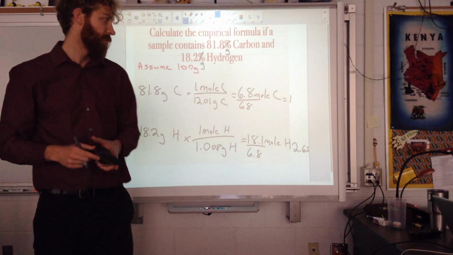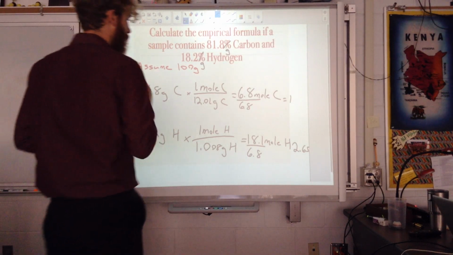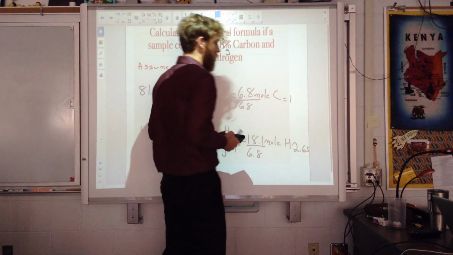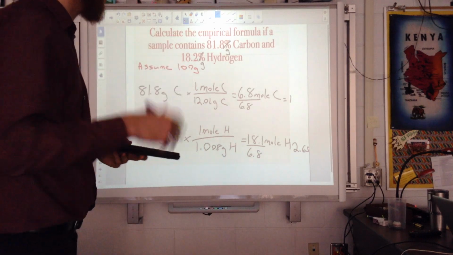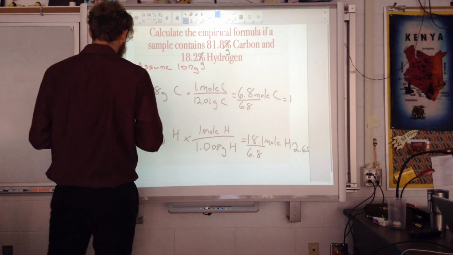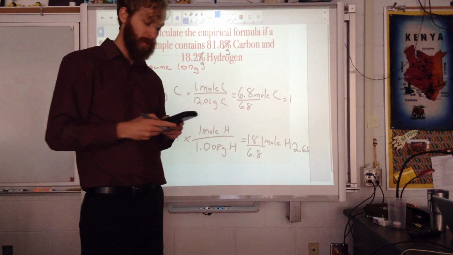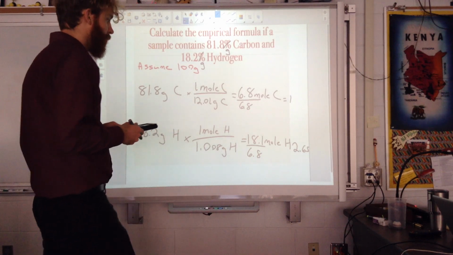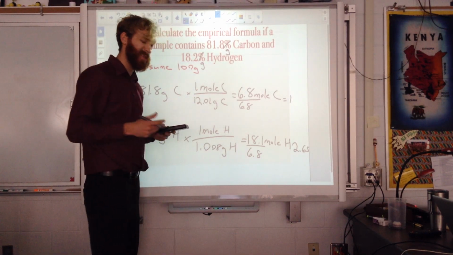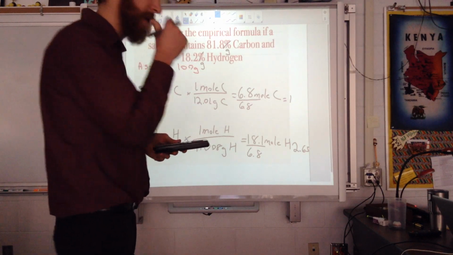Now, 2.65 is not a whole number, so we have to multiply until 2.65 is a whole number. You can just start at 2 and work your way up. 2.65 times 2 is not a whole number either. So we'll do 2.65 times 3. That's pretty close to a whole number. That's 7.95, so we're going to go ahead and round that up to 8.